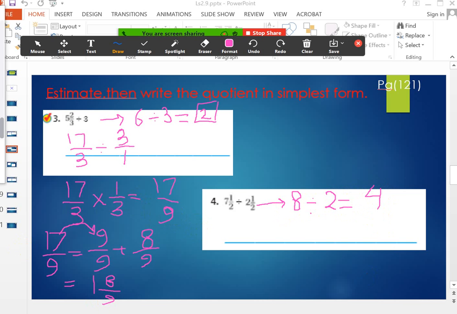Okay, Selma, yes, help me please to find the answer. 7 and 1 over 2 divided by 2 and 1 over 2. First thing, I want to write the numbers as fractions. Yes, Selma.